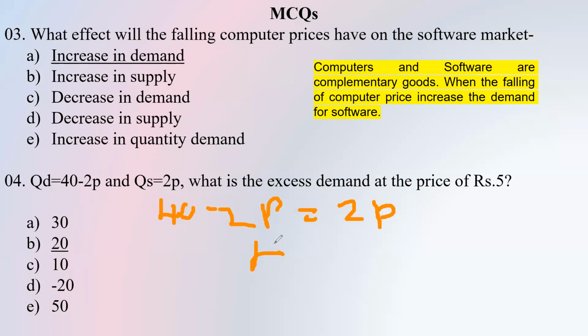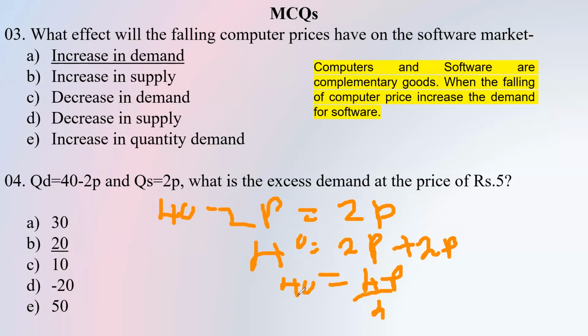Right, then 40 is equals to 4P, because when we shift minus 2P to the right hand side, it becomes plus. Right? Then 4P is equals to 40. Therefore, P is equals to 40 divided by 4, P is equals to 10.